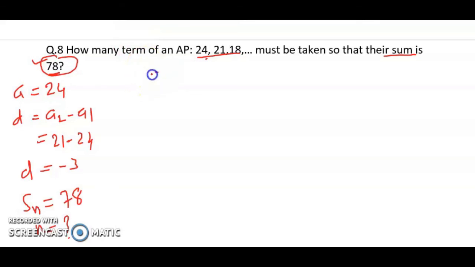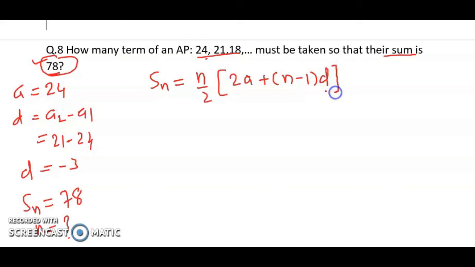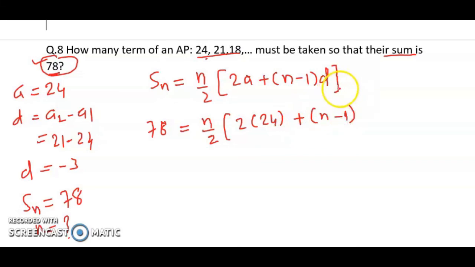So let's put the formula Sn equal to n by 2 times (2a plus (n minus 1)d). Sn is given as 78. We have to find the value of n here. 2 multiplied by a, which is 24, plus (n minus 1) with n remaining as it is, and d is minus 3.